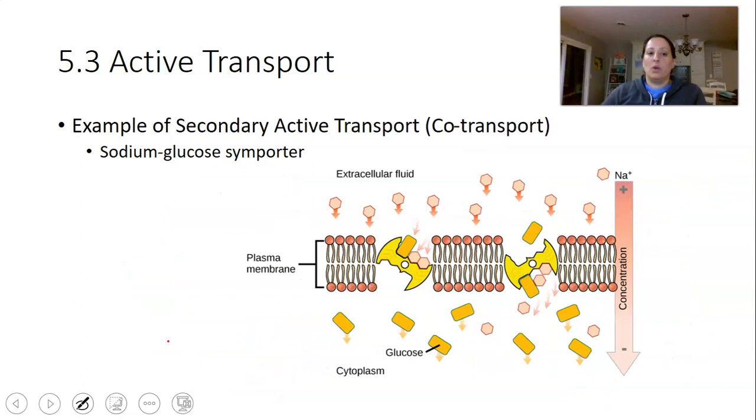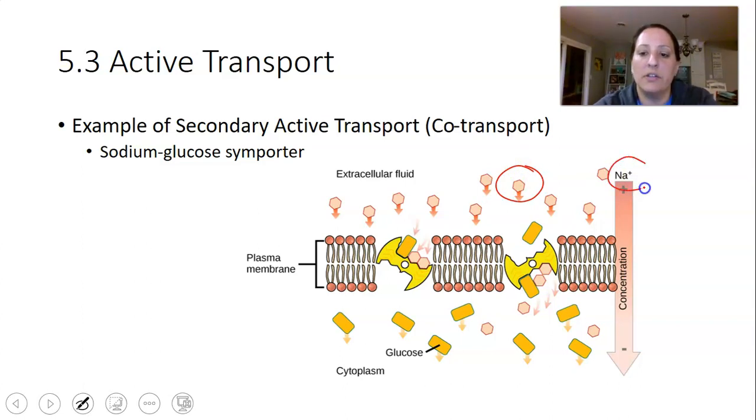So, let's look at secondary active transport. So we just set up a concentration gradient of both sodium and potassium, right? So let's use what we just set up. So these are sodium ions. Okay, so let's focus on those first.